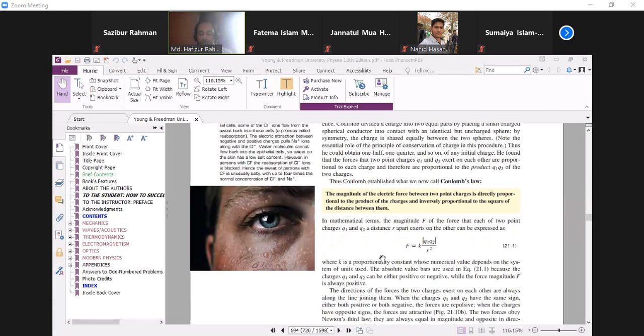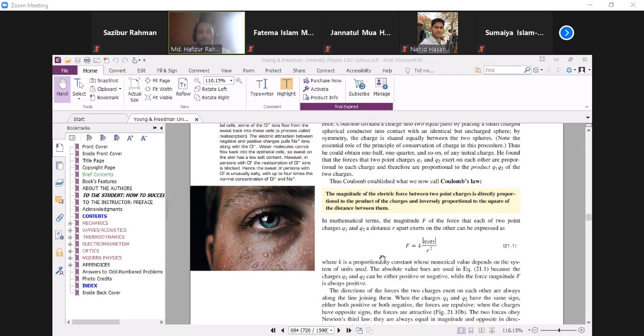In Newton's law of gravitation, we have considered the mass of two particles, and here we'll consider the charge of two particles, and rest other things are same as Newton's law of gravitation.